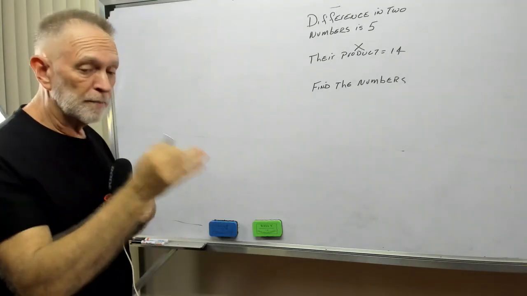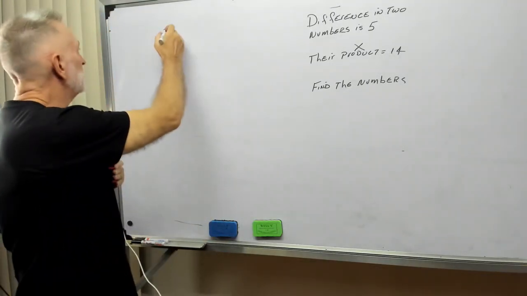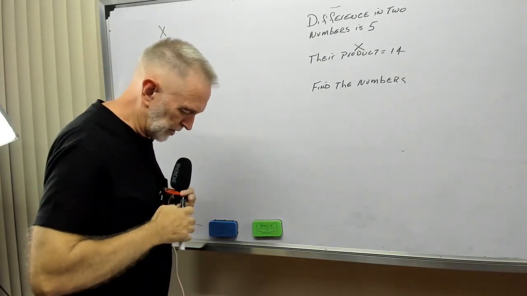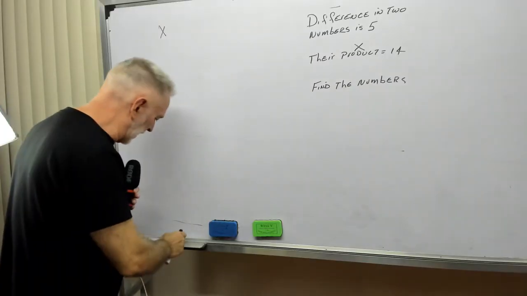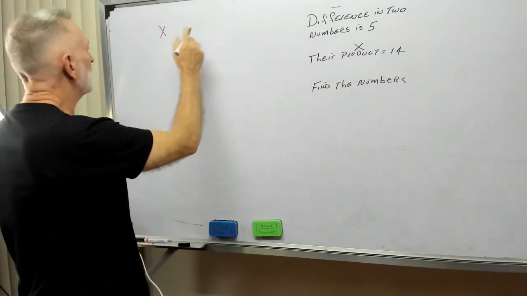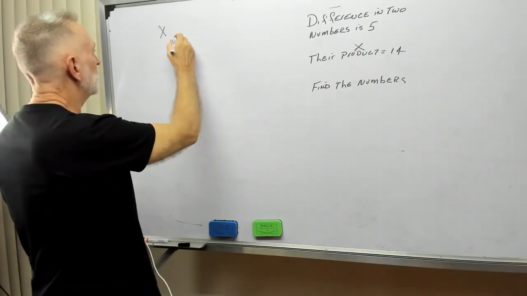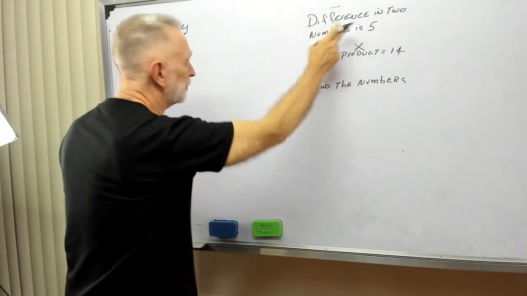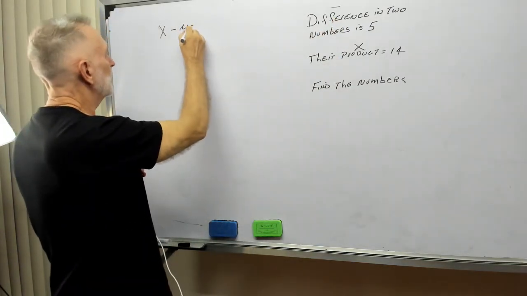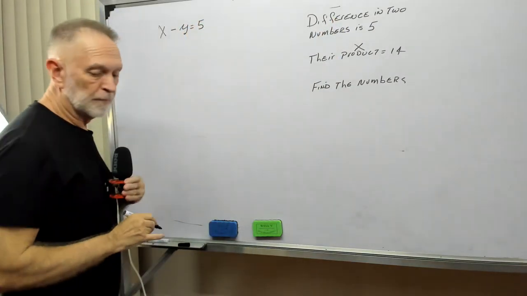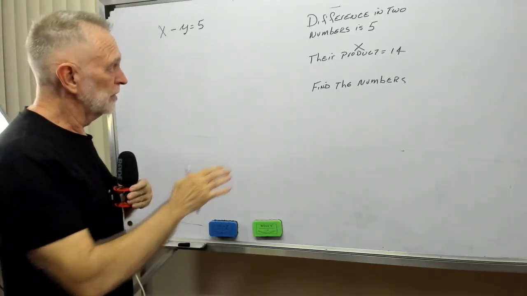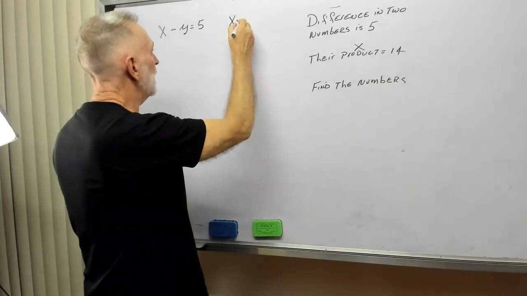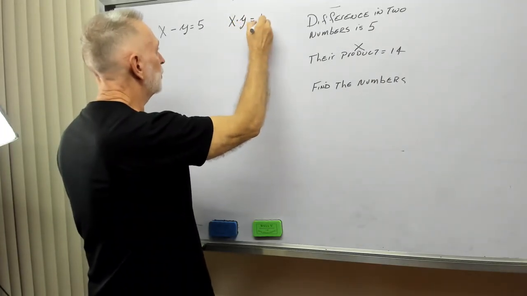So I'm going to let the two numbers be X and Y. So it says X minus Y equals 5, the difference in two numbers is 5. And then it says their product is 14. So X times Y equals 14.